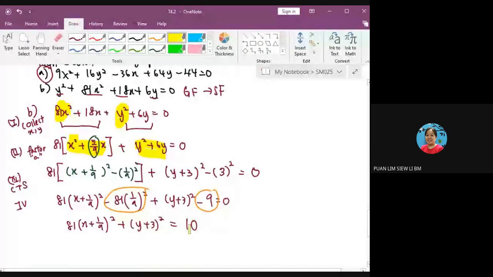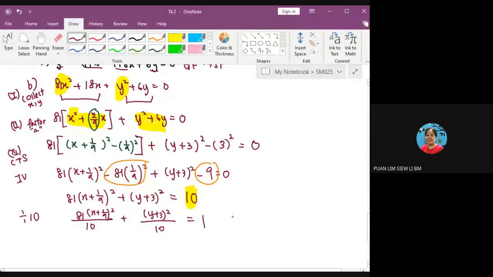So when we have the constant number 10, what we do is we're going to divide by 10. So here will be 81 over 10. So here will be y plus 3 over 2, 10. So here will be equal to 1. So this is our standard form of our ellipse.